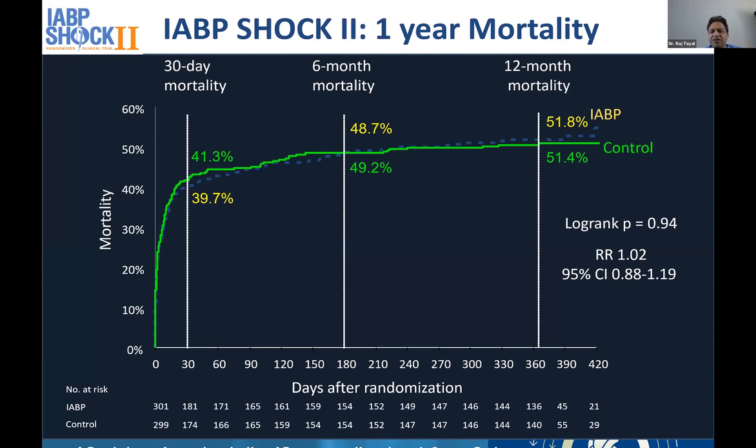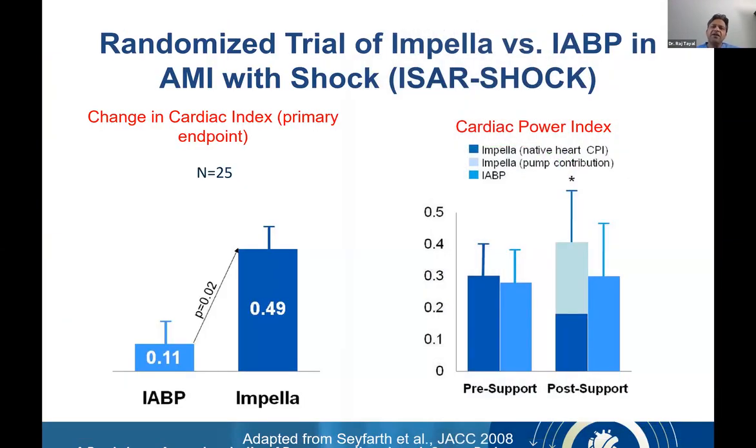You look at patients that were treated with balloon pumps in the setting of acute myocardial infarct and cardiogenic shock, and there was no statistical difference whatsoever in patients treated with balloon pump support versus undergoing percutaneous coronary intervention without.